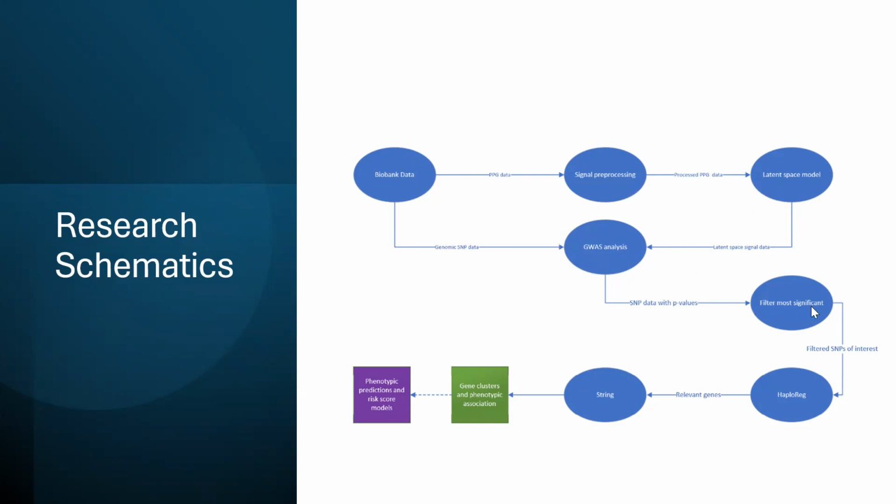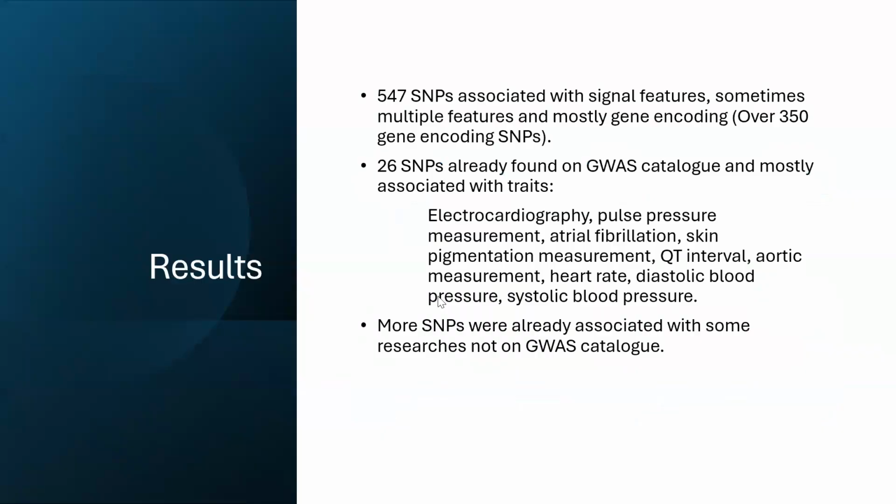We filtered the most significant values and inserted them into HaploReg, and we sent them into a clustering model of STRING, which has pre-processing knowledge, and we got gene clusters, from which we can later create phenotypes, phenotypic predictions and risk factor models.